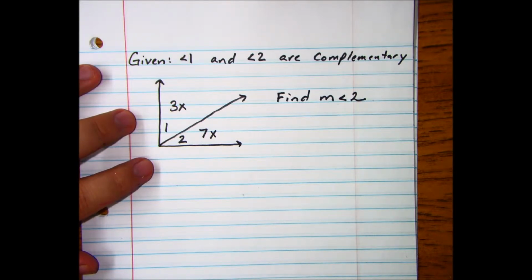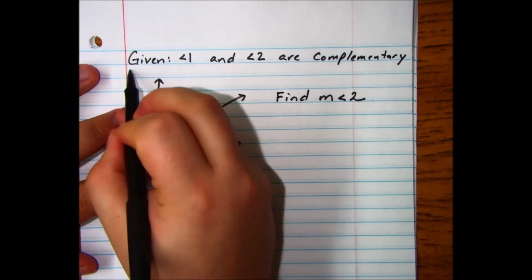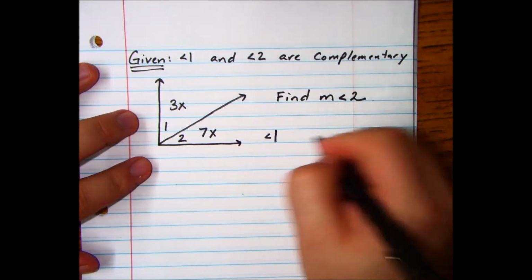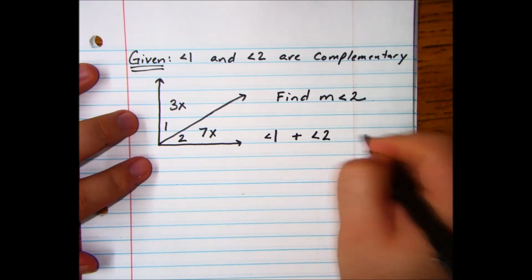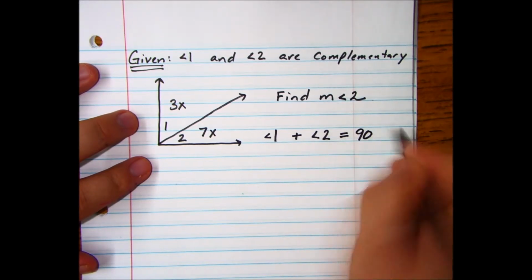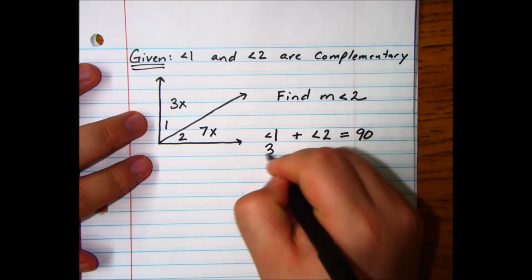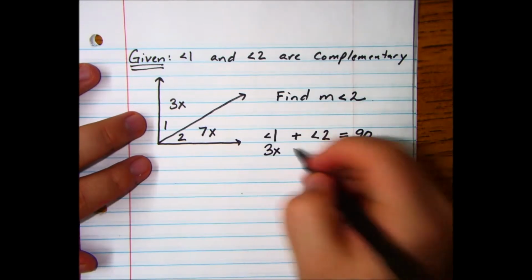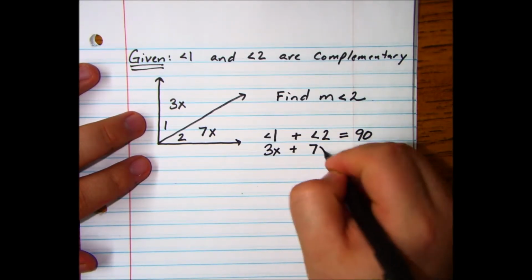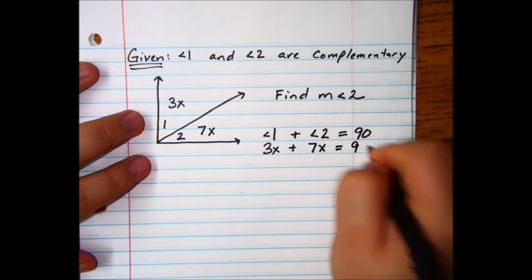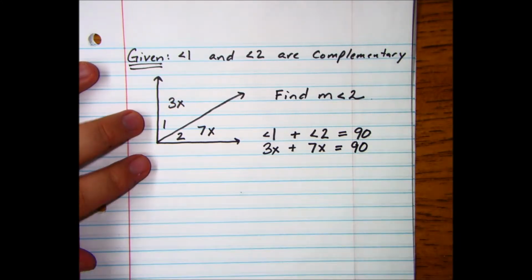Now, according to the given information, and if it's given, it's always true, 1 and 2 are complementary. So angle 1 plus angle 2 is going to equal 90 degrees. Angle 1 is 3x. Angle 2 is 7x. And we know that they're complementary, so they're going to add to 90 degrees.